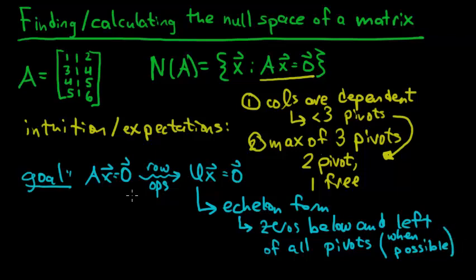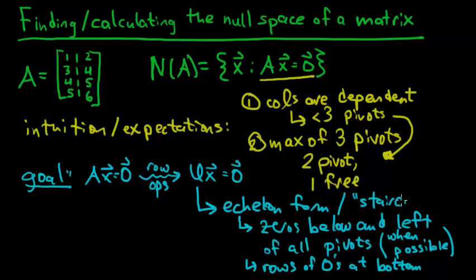One other point of clarification: echelon form also includes all rows of zeros at the bottom. Another very descriptive term that I've heard for echelon form is staircase form, in that the pivots create a staircase as we move through the matrix.